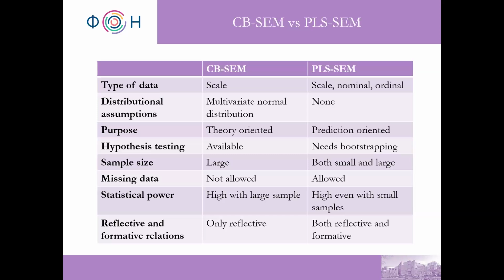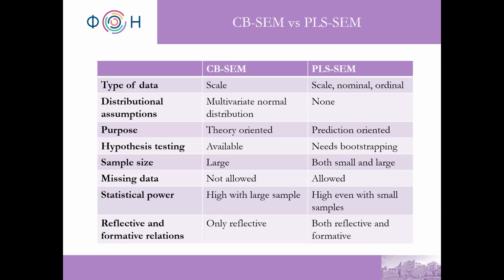Another interesting difference between the two is the type of relations which can be modeled. With covariance-based SEM, you can only make reflective relations. With PLS-SEM, you can make both reflective and formative relations.